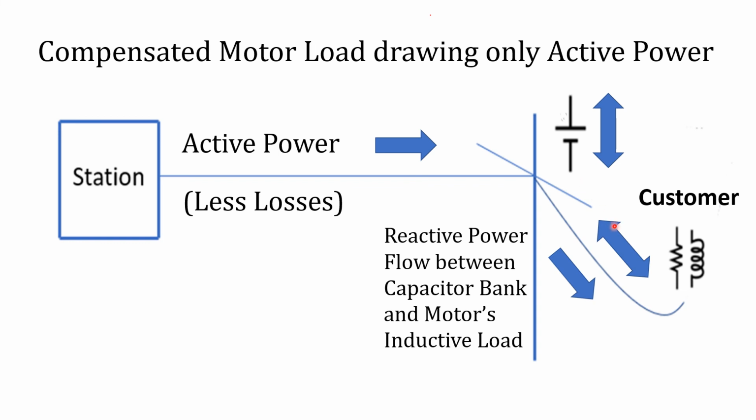So they simply exchange their stored energies back and forth, and this leaves the source only having to feed just the active motor load. This means that the source ends up supplying just the minimum amount of energy, the active amount, and the losses are minimized to the same amount as in the water heater circuit.